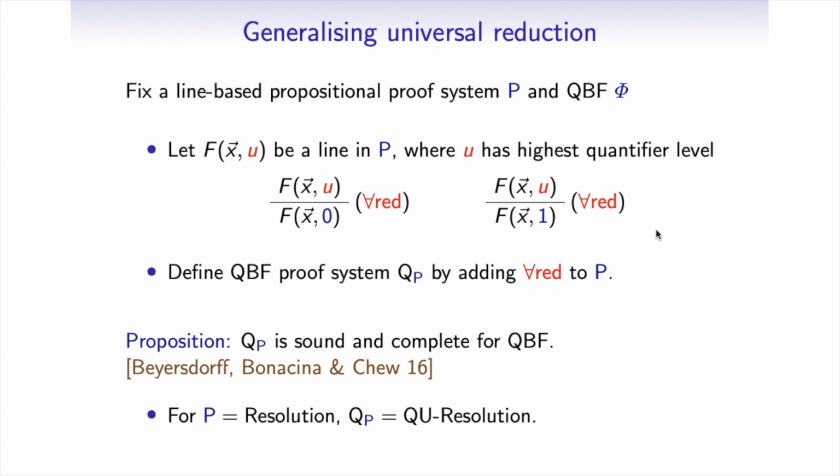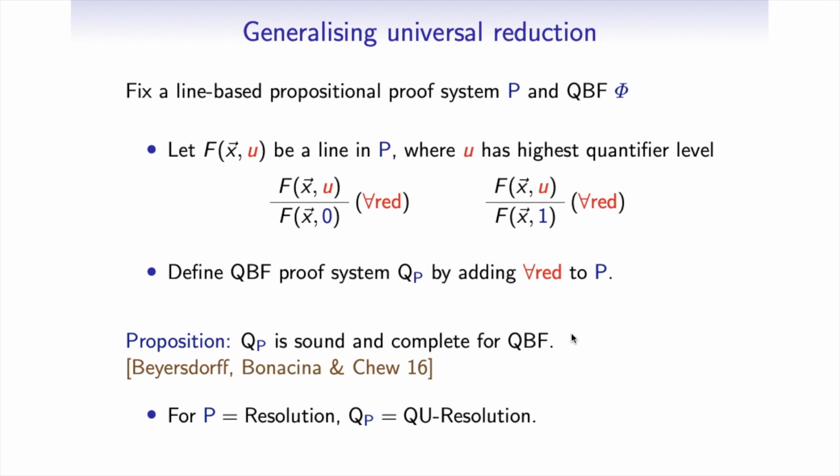Now if you add this universal reduction to your P, then you get this proof system that we're going to call QP. And in fact, provided that P is a sound and complete proof system propositionally, this QP is always sound and complete for QBF.